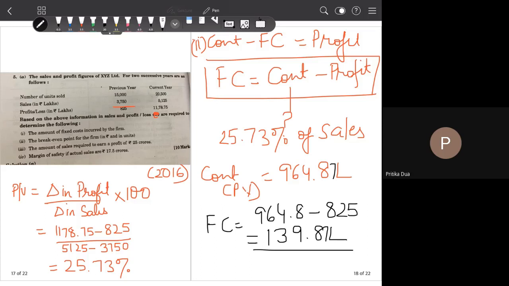So your break even point, okay Vansh, will be 139.87 divided by 25.73%. How much will the break even point in rupees come to?